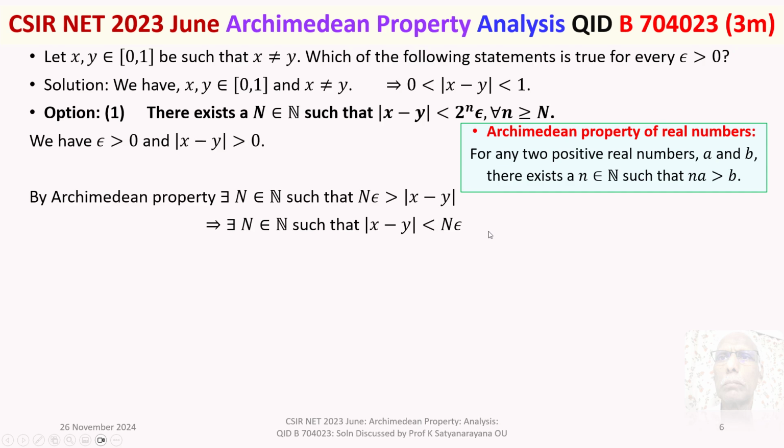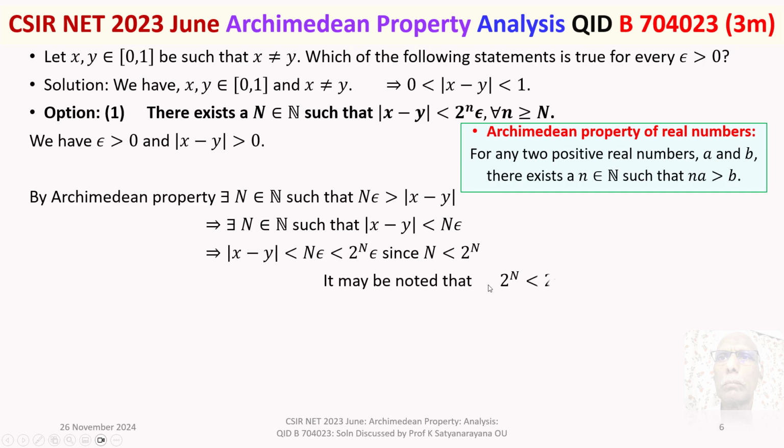And for any natural number, capital N is less than 2 power n. Now, notice that when capital N is a natural number, 2 power n is less than 2 power n plus 1, that means the power is increasing, therefore the value will increase, less than 2 power n plus 2, and so on and so forth.